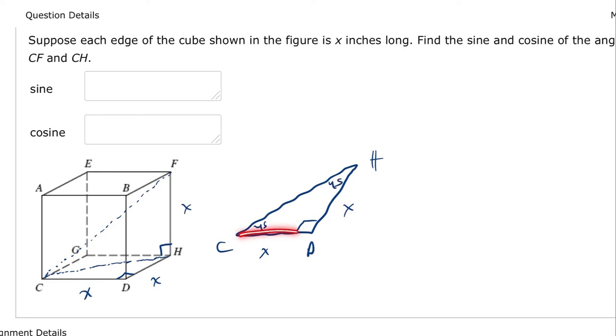And remember, the way you get from a leg to the hypotenuse on a 45, 45, 90 degree triangle is you multiply by radical 2, and that gives you the hypotenuse. So this is going to be x radical 2. Now we have enough information. We know this is x radical 2, we know this is x, and now we can use the Pythagorean theorem to find the hypotenuse. So let's draw that in red.